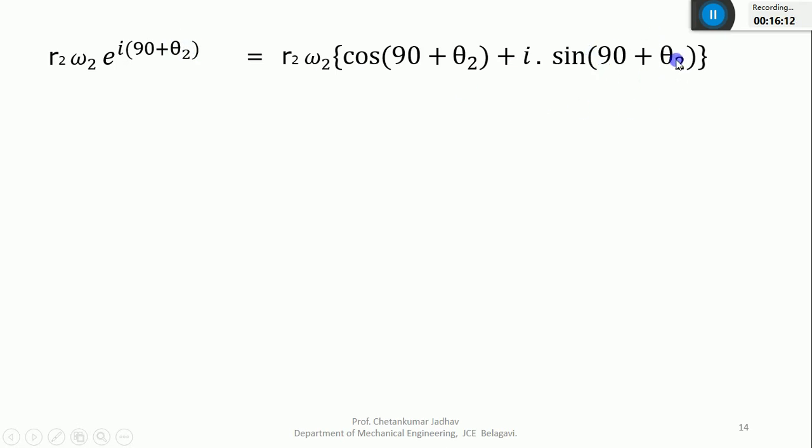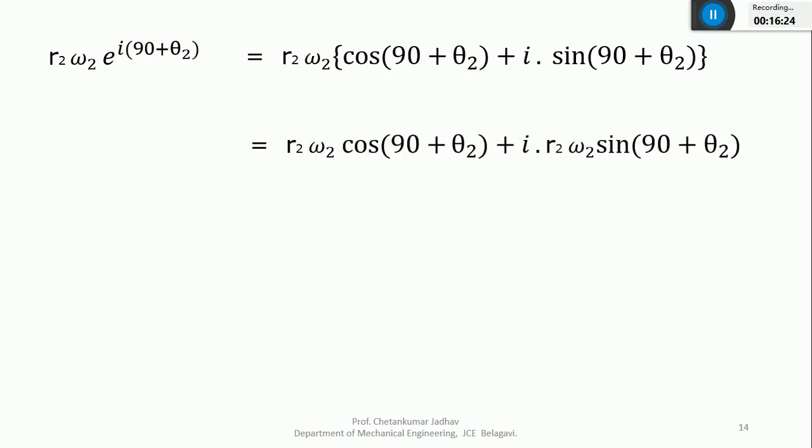Just open this bracket and multiply R2 omega 2 with this portion and this portion. What you'll get is R2 omega 2 cos 90 plus theta here. Similarly, I'll keep I as it is and multiply R2 omega 2 to this part, that is R2 omega 2 sin 90 plus theta. So which is the real part? Just read anyone.